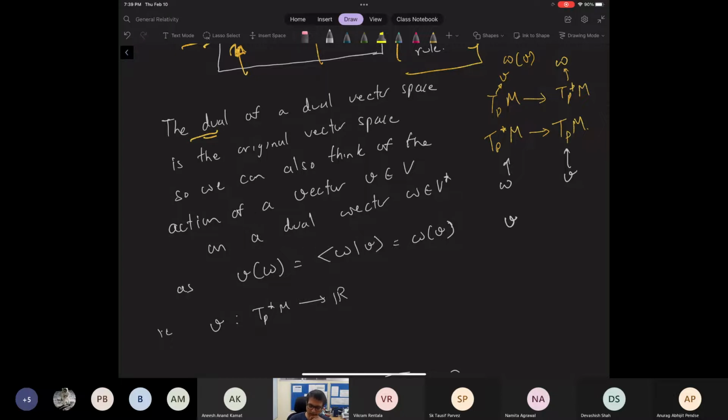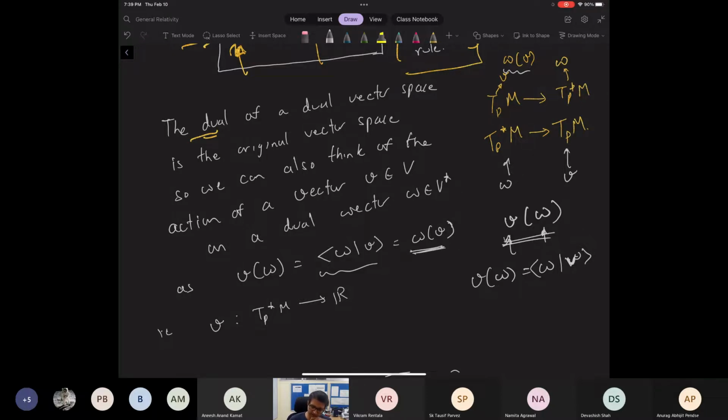What we want to do is define the action of v on omega. This is different from the previous thing that we defined, which was the action of a dual vector on a vector. We now want to define the action of a vector on a dual vector. Again, we can define it through the same inner product: v acting on omega is the same inner product of omega with v.